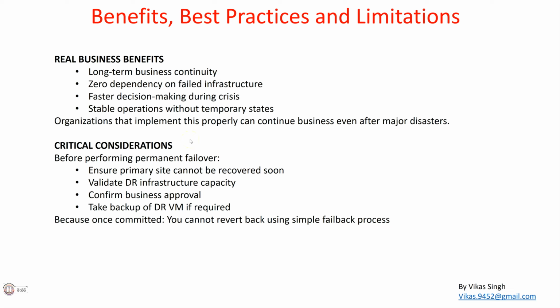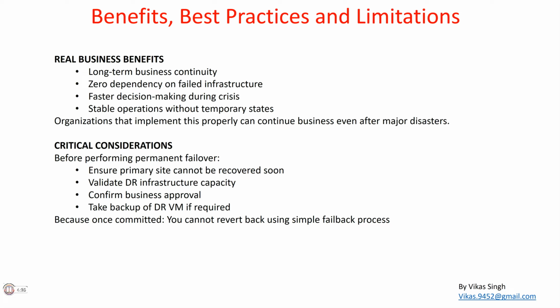When implemented correctly, permanent failover provides long-term business continuity, zero dependency on the failed infrastructure, faster decision making during the crisis, stable and predictable operation, and no temporary recovery state. Organizations that plan this properly can survive even a major disaster without any shutdown of operations in the primary or the secondary data center.